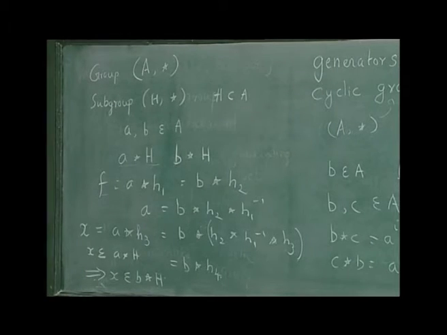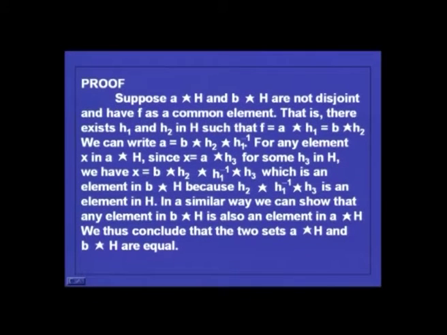So, look at this. For any element x in a star H, since x is equal to a star h3 for some h3 in H, we have x equal to b star h2 star h1 inverse star h3, which is an element in b star H, because this whole thing h2 star h1 inverse h3 is an element in H.